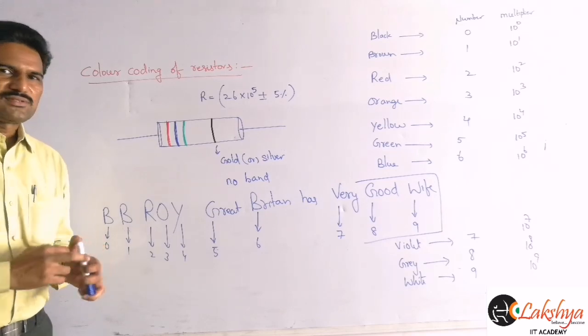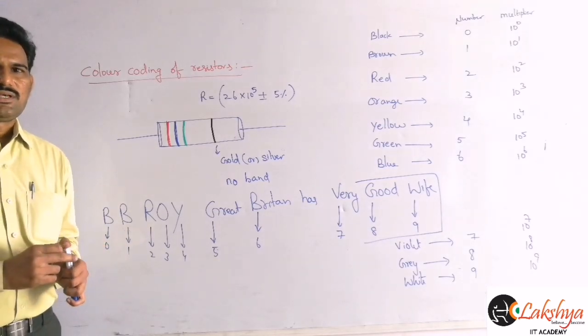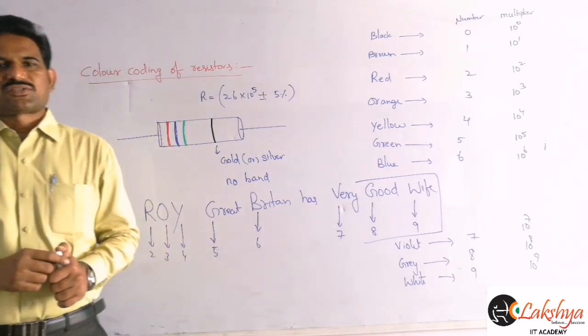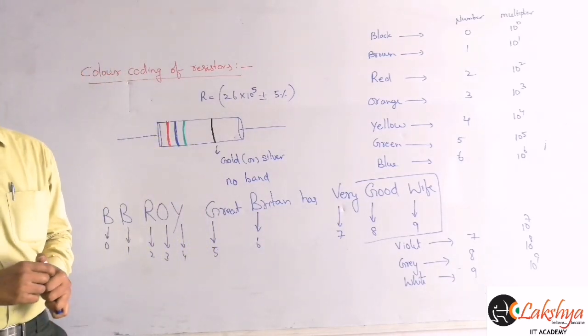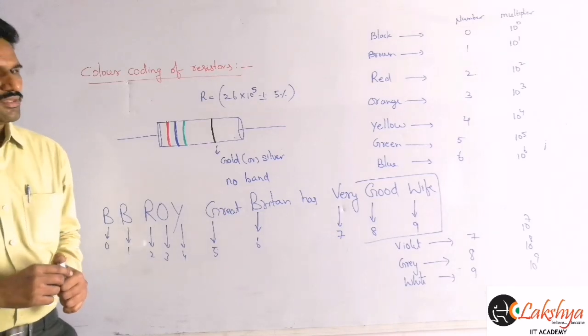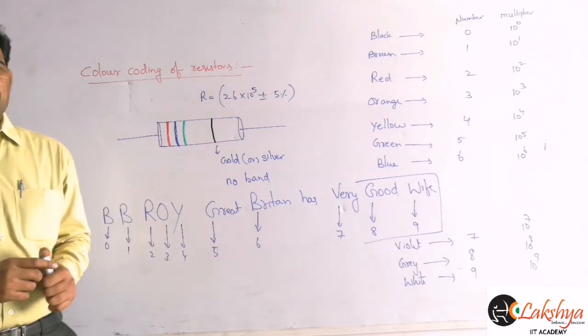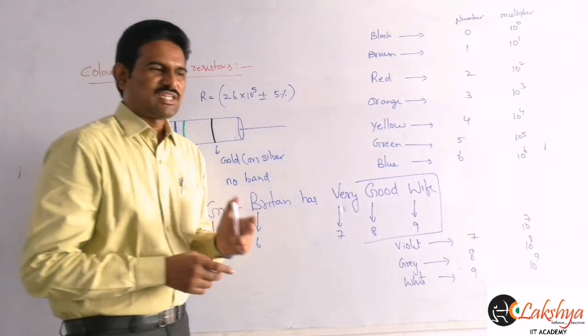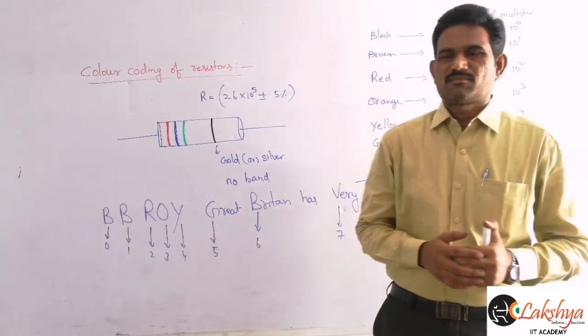In three color bands, the first two color bands represent the values of the first two significant figures.